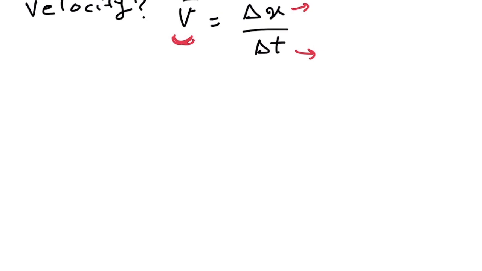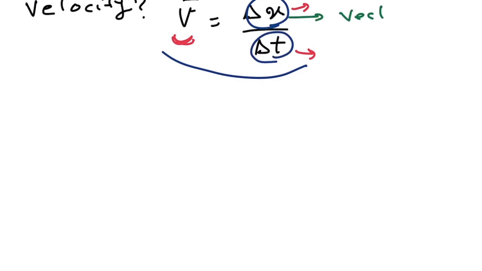From velocity's definition, can you deduce whether velocity is a vector or a scalar? Velocity, as we can see here, is displacement over time, and we know that displacement is a vector. So that means velocity is also a vector.